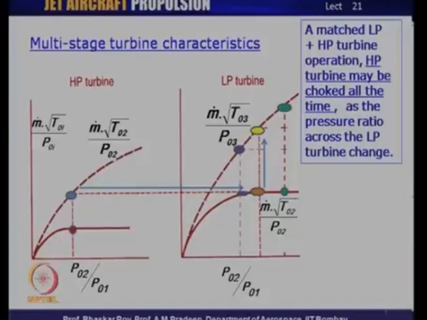So, through the various operating conditions of an LP turbine, it is most likely that the HP turbine will continuously remain choked. On the other hand, if we go to the right of the characteristic design point and look at these green points where the LP turbine is operating at a higher pressure ratio, that means it is now made to operate at a higher rotating speed.